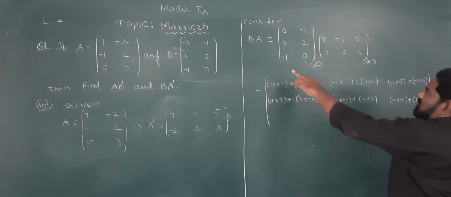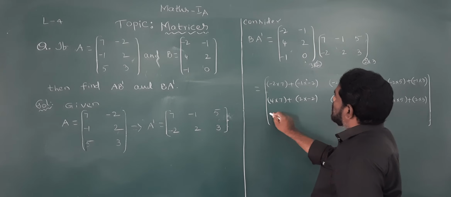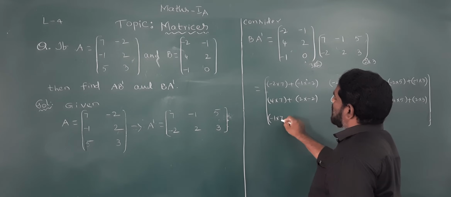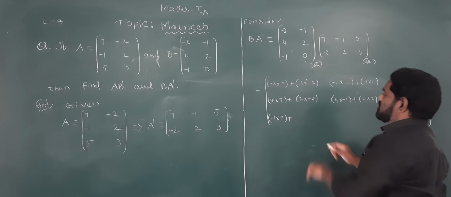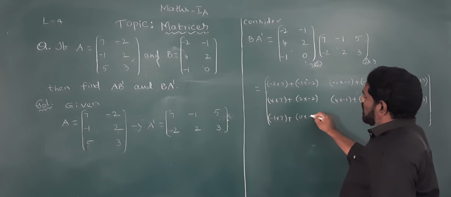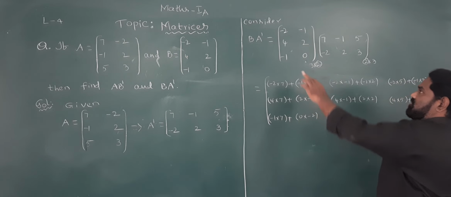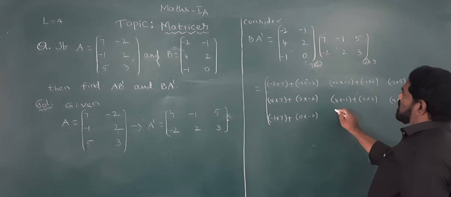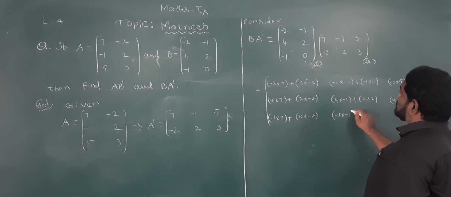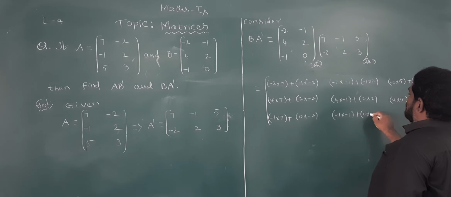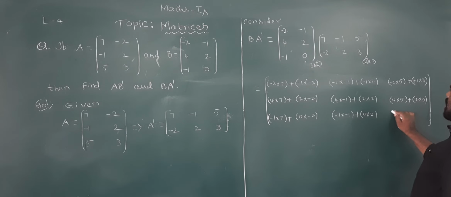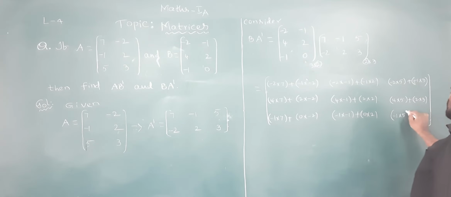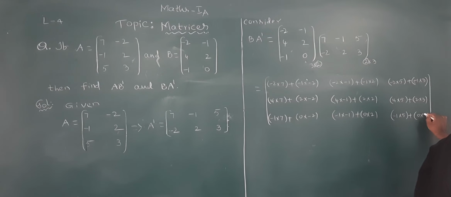Next, third row, first column: minus 1 into 7 plus 0 into minus 2. Third row, second column: minus 1 into minus 1 plus 0 into 2. Third row, third column: minus 1 into 5 plus 0 into 3.